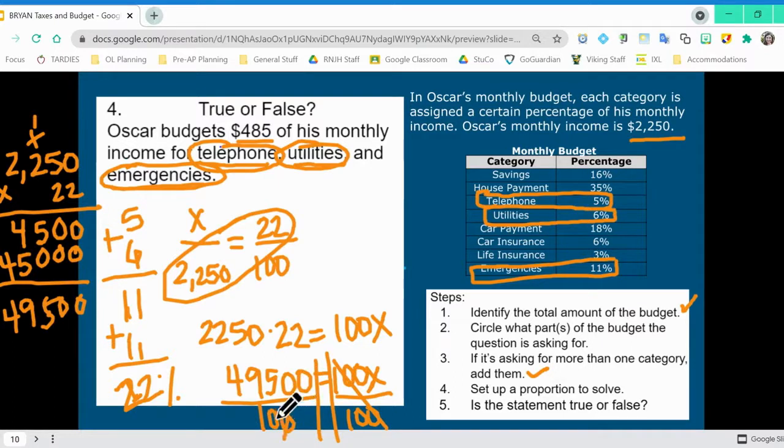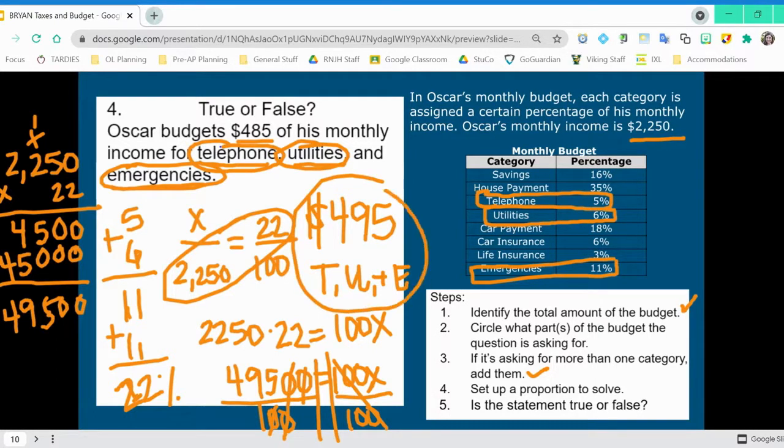So I can simplify this by taking off 2 zeros here and 2 zeros here. And that ends up being $495. So it is $495 of his budget that he spends on telephone, utilities, and emergencies.